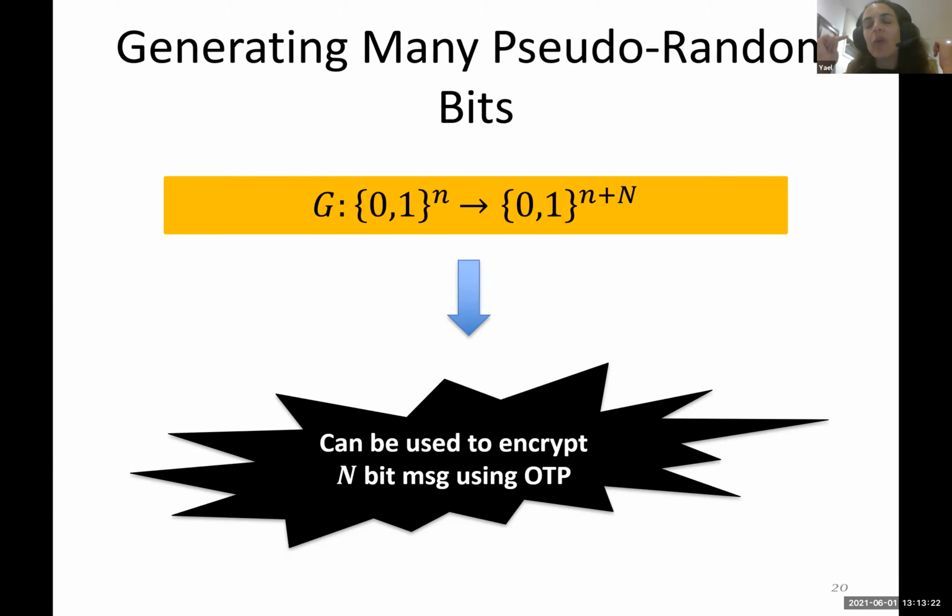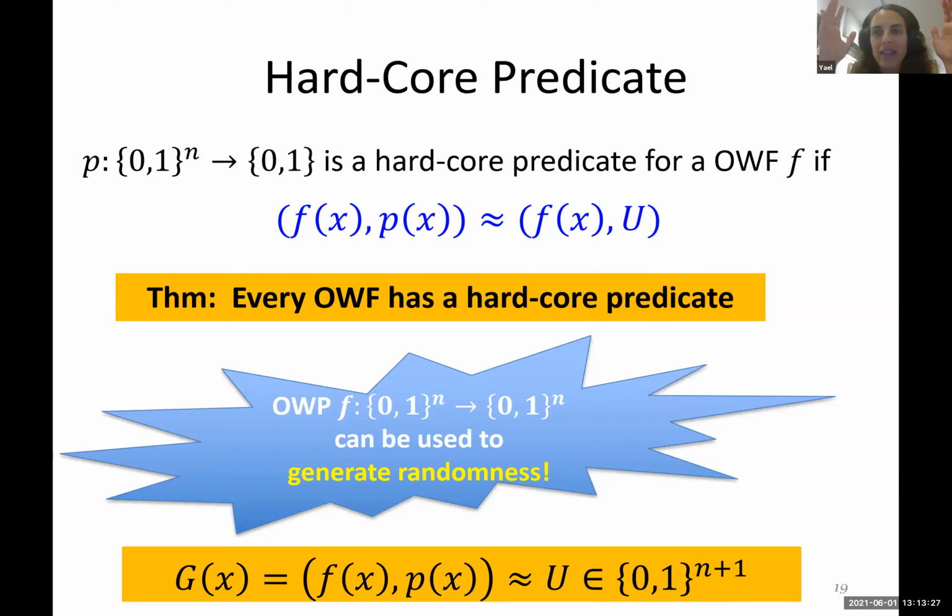So what did we show before? We showed that if I take an n-bit string, then I can generate n+1 bits that look random. So now I have an n+1 bit string, not random, but looking like a practically random string, and I want to generate more randomness. What do I do?